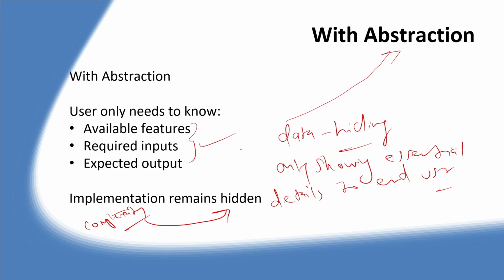So with abstraction, the user only needs to know which functionality is available, what input is required, and what output to expect. Everything happening behind the scenes will remain hidden. So this will make what? This will make software much easier to learn for the end user, and usage will also be easy for the end user.